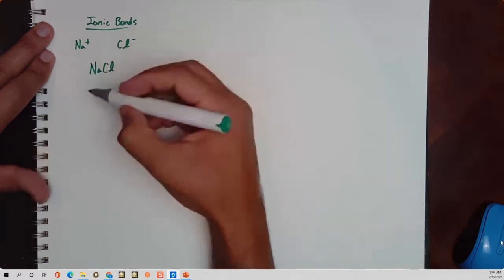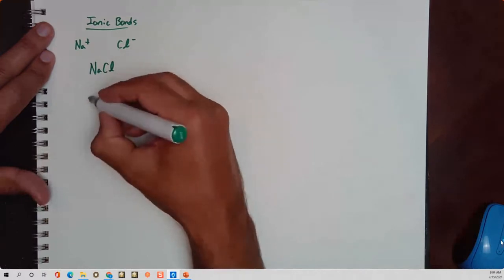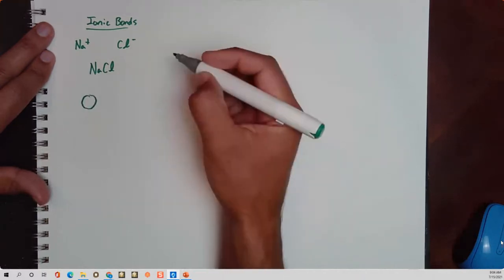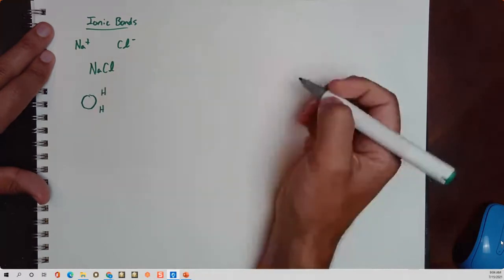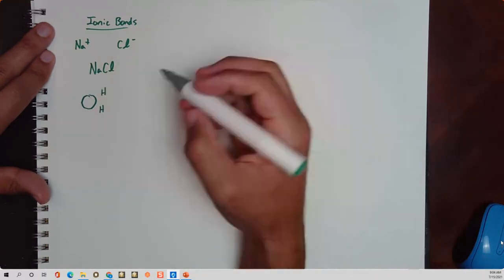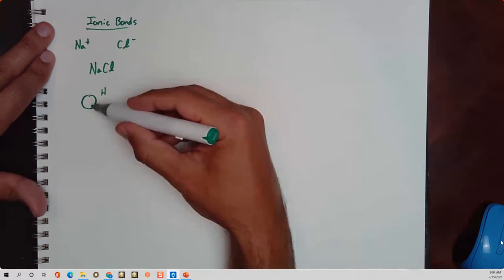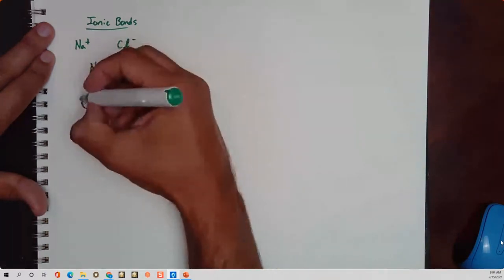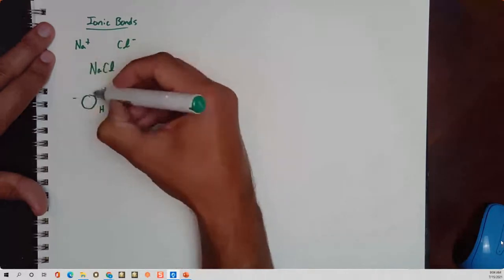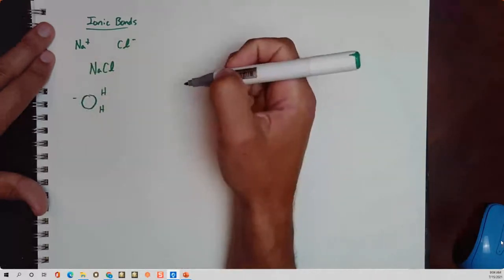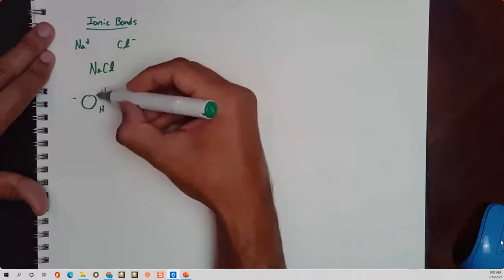But water is crazy cool because it's got this big oxygen and it's got these 2 little Mickey Mouse ear hydrogens. And this oxygen is extremely electronegative, which draws the electrons from the hydrogen into the orbit of that oxygen. Well, it doesn't actually go into the orbit.